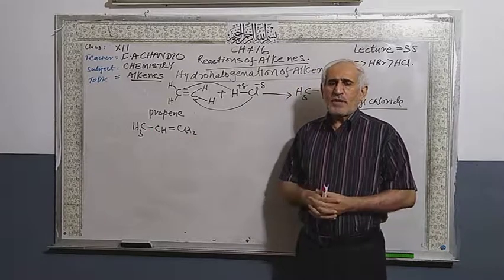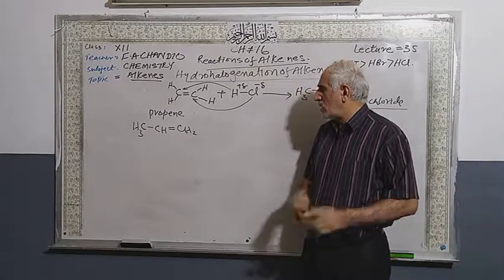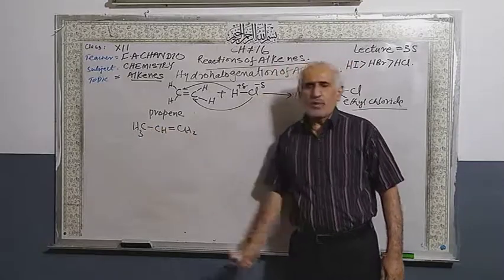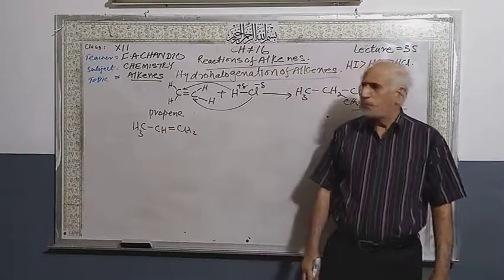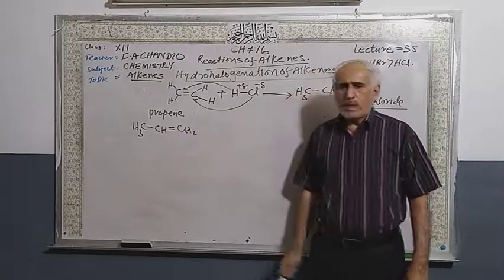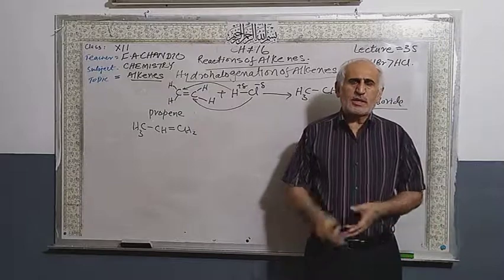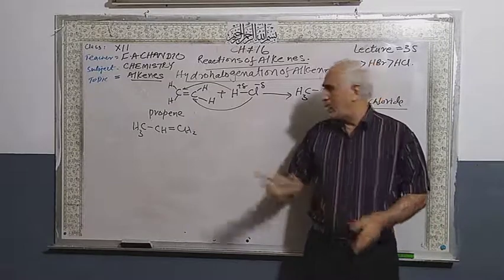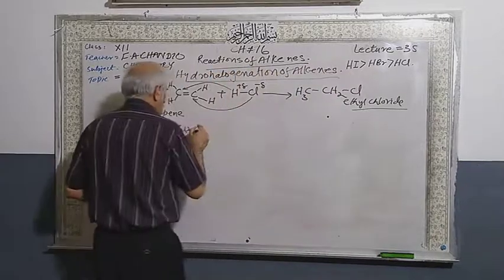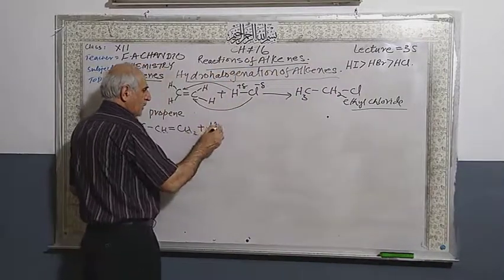So this distribution of electrons is unequal. The valency of this carbon is such that there will be no addition here. Between these 2 carbons there is a pi bond, a double covalent bond, so addition takes place on these 2 carbon atoms.